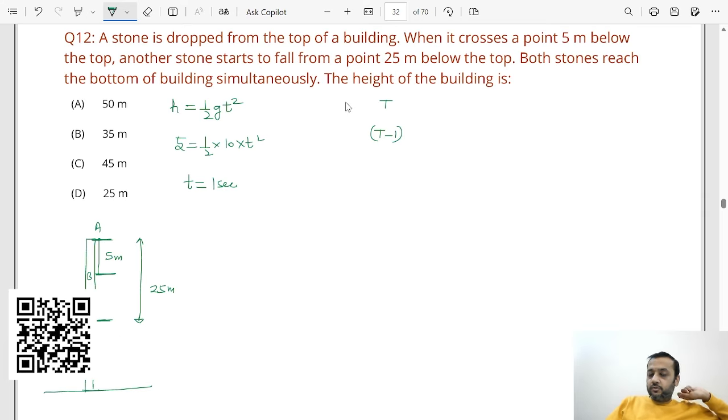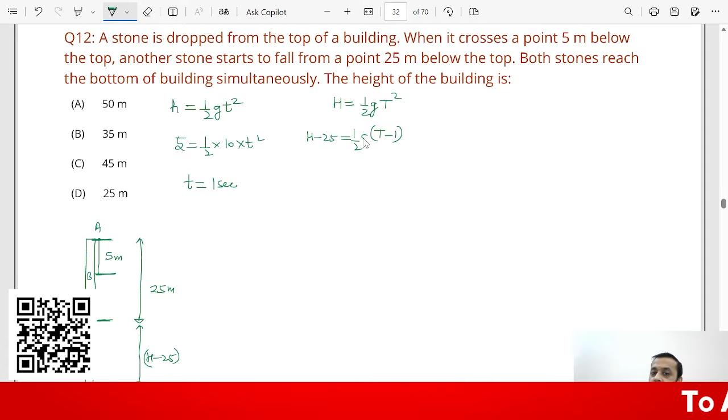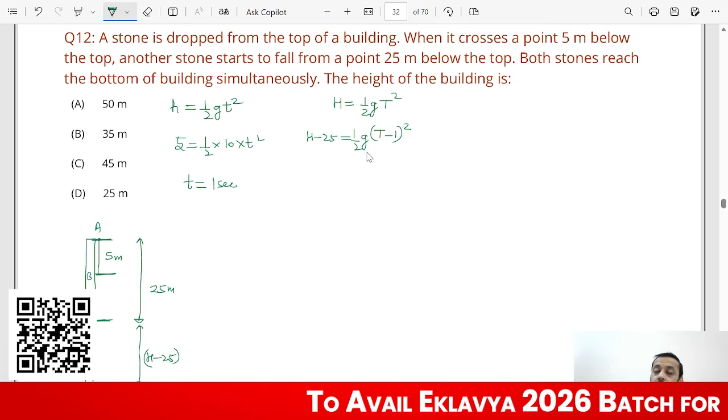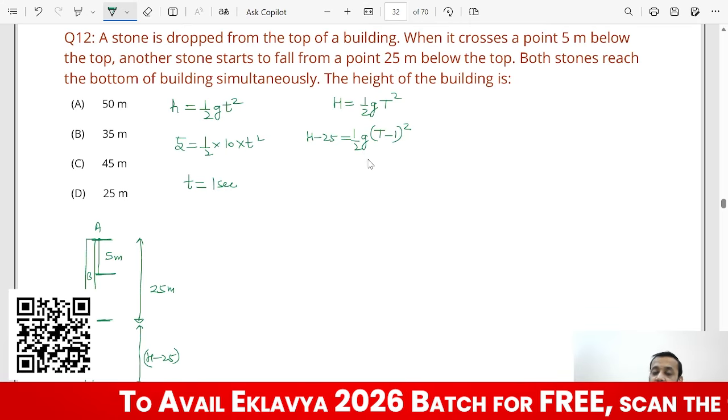So for the first stone, you will write capital H equals half g T square, because the first stone has fallen through height h in the capital T time, and the second stone has fallen through h minus 25 because it was released 25 meters below the top. So this height it has fallen through, which is h minus 25, equals half into g into time of fall, which is t minus 1. Okay, t minus 1, because it was released 1 second after the first stone.